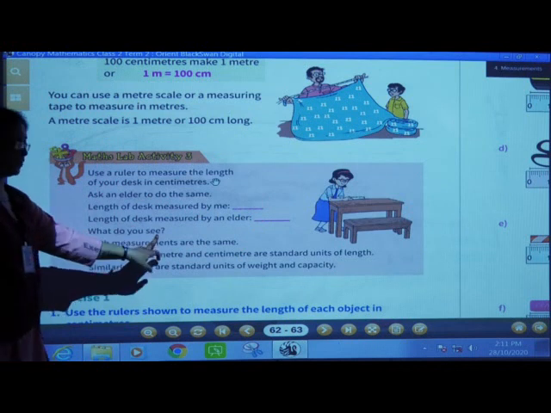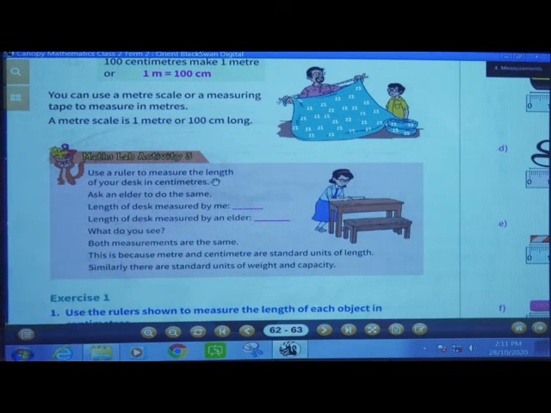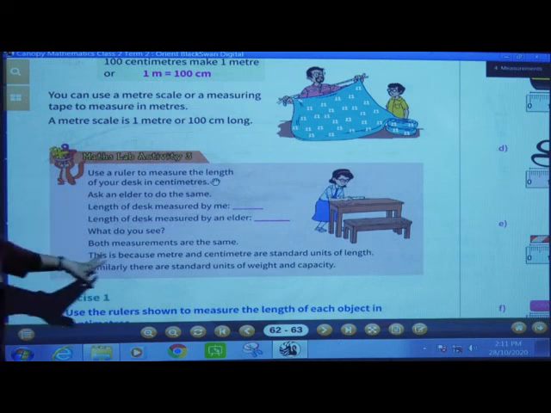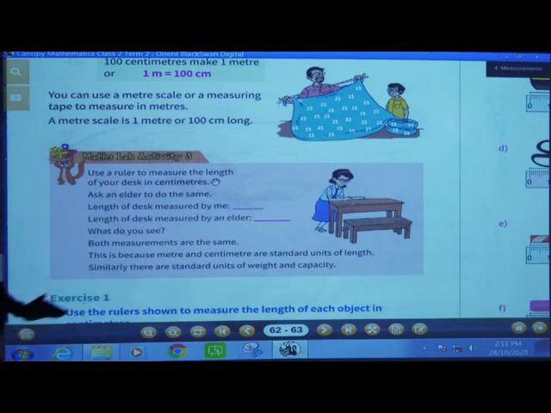What do you see? Both measurements are the same. This is because meter and centimeter are standard units of length.